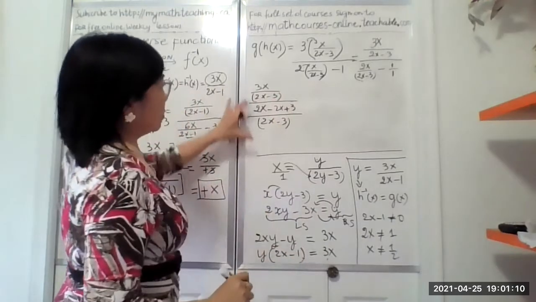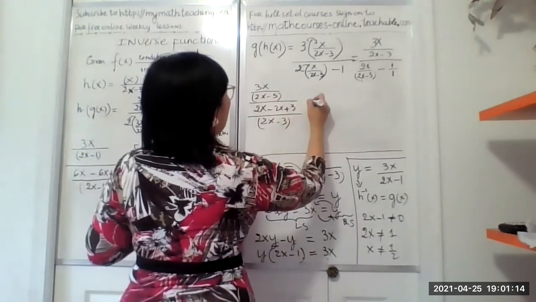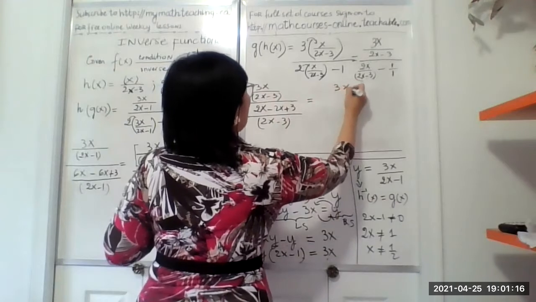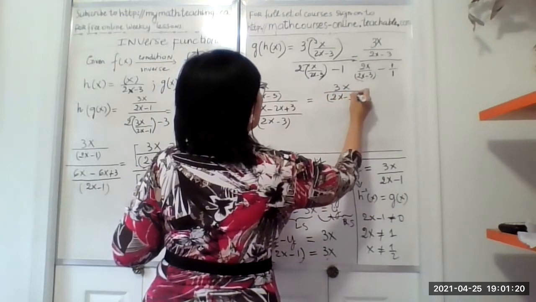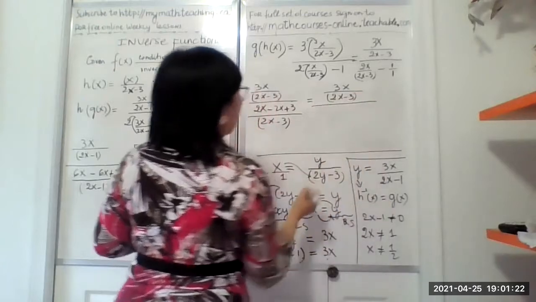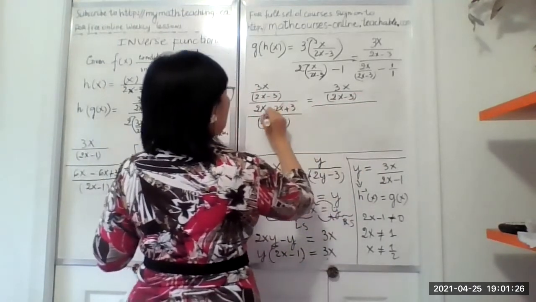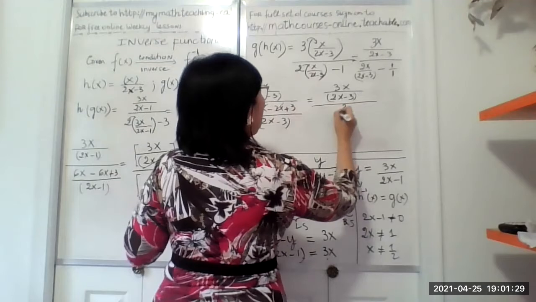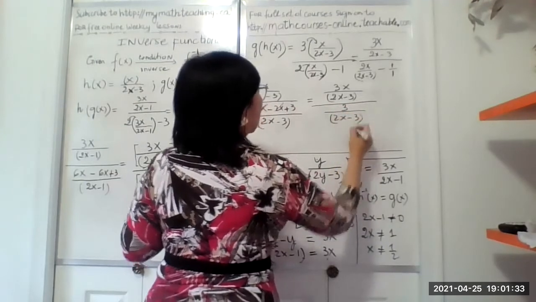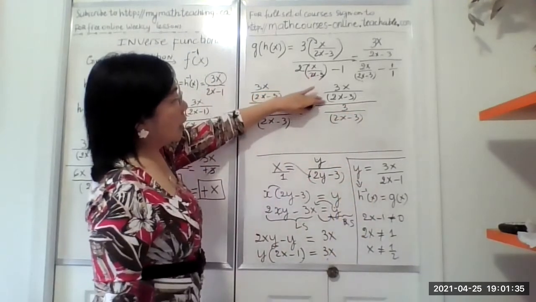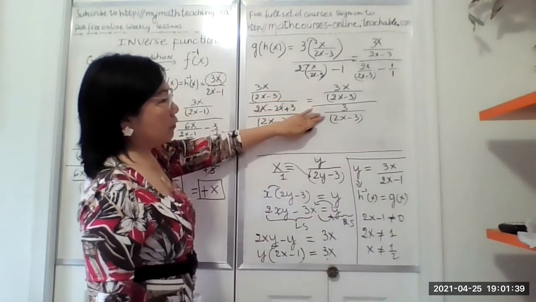So at this point, let's simplify further. So 3x over 2x minus 3, all of this will be divided by 2x minus 2x, which is gone, 0, right? We're left with 3 over 2x minus 3. So here we have again the top function divided by this bottom function.